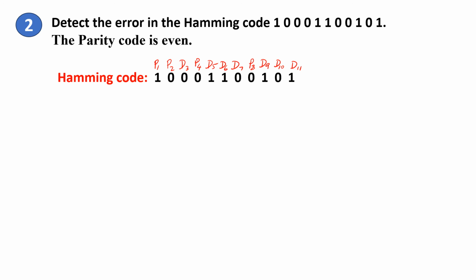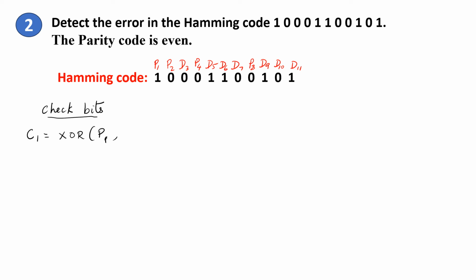So now we are going to find check bits. So first check bit C1 is equal to XOR of P1 comma. So for the first check bit we are using the first parity bit P1. Then we have to choose the data bits.